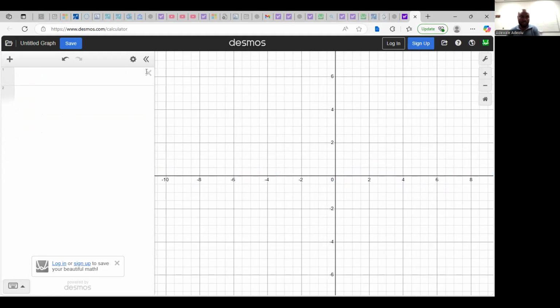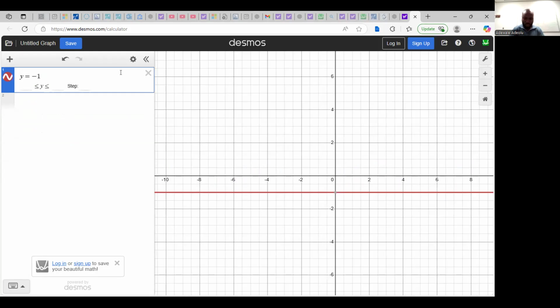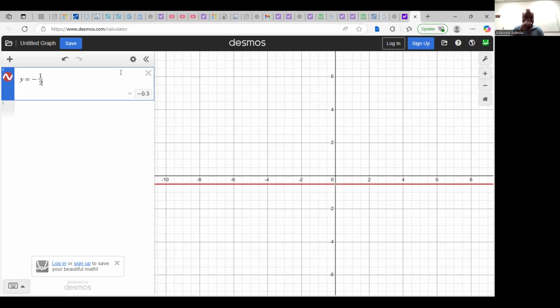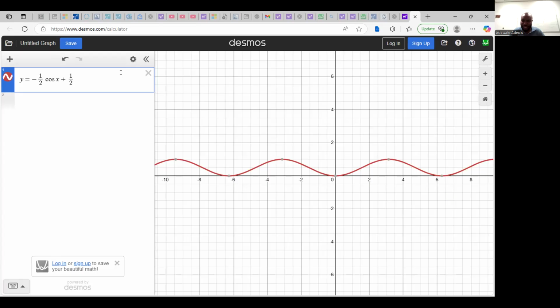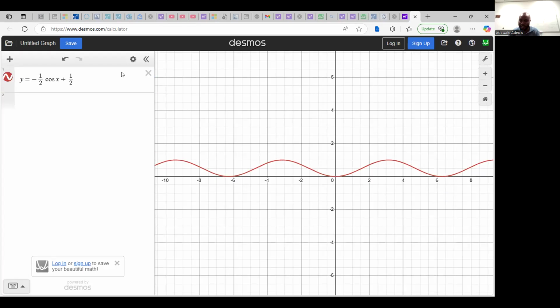Okay, that's weird. All right. So what we have there is y equals negative 1/2 cosine of x, then plus 1/2. Look at it. Is it similar to what we have from the graph? Yes. Look at that. That is exactly what we have, right?